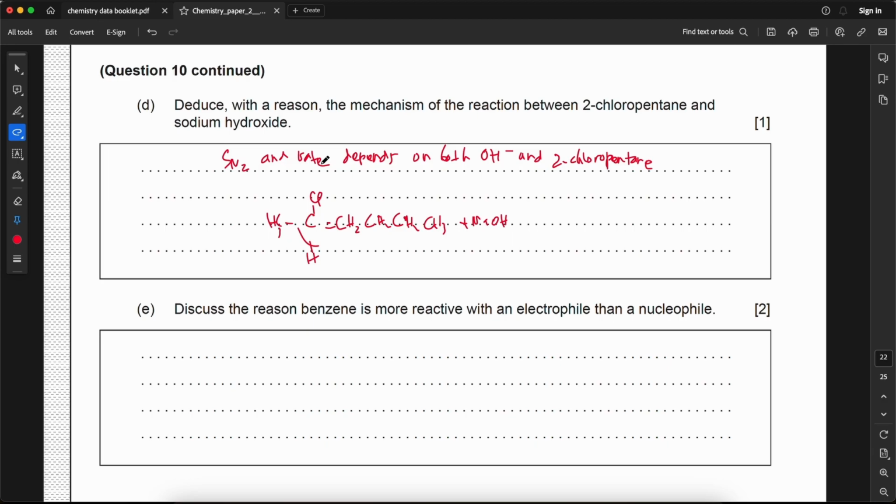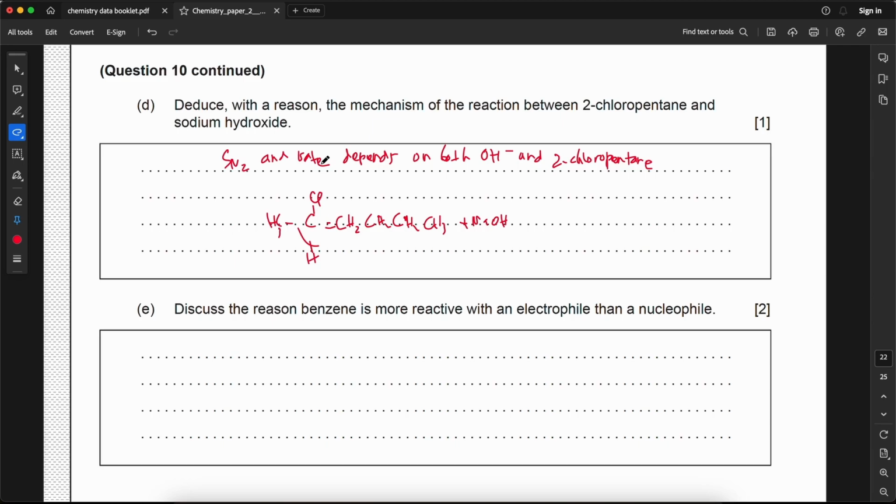But to judge the type of reaction, whether SN1 or SN2, it is based on the nucleophile. The nucleophile here is OH minus. If it's a strong nucleophile, it favors SN2. So OH minus is a strong nucleophile. The other way to find whether SN1 or SN2 is if the solvent is known. If the solvent is polar protic, it is SN1.